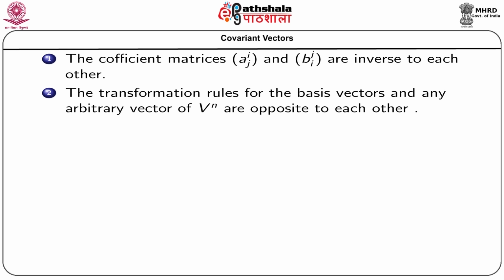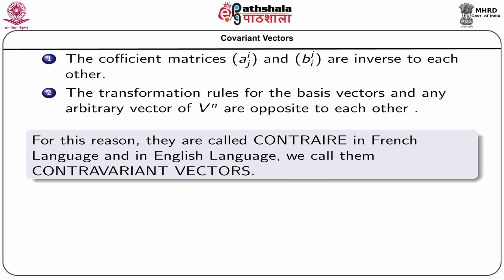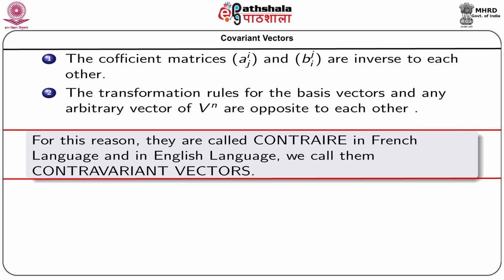Second one, the transformation rules for the basis vectors and any arbitrary vector of the vector space are opposite to each other. For this reason, they are called contrary in the French language, and in the English language we call them contravariant vectors.